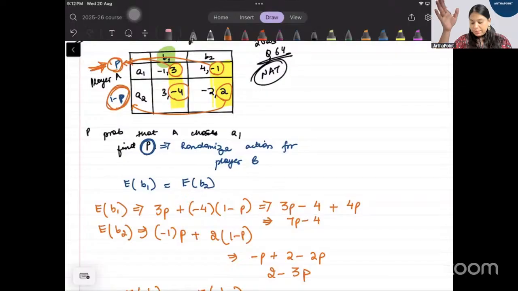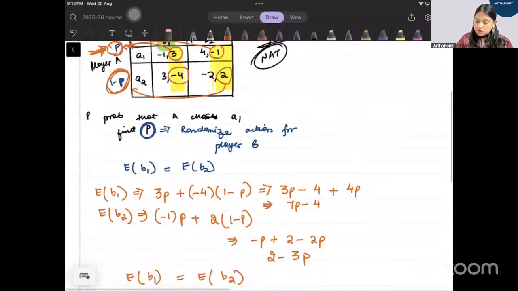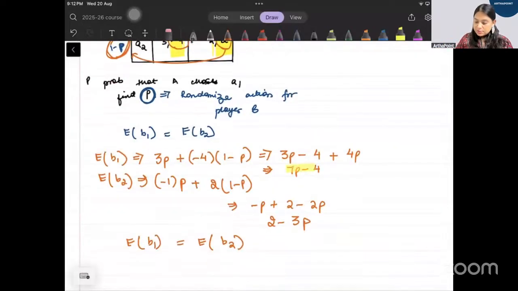So 3P plus -4 into 1 minus P should be equal to -1P plus 2 into 1 minus P. You always randomize for the other player and equate the payoffs. Randomizing means you equate the expected payoff. So here your expected payoff is this, and here your expected payoff is this. Just equate the two.